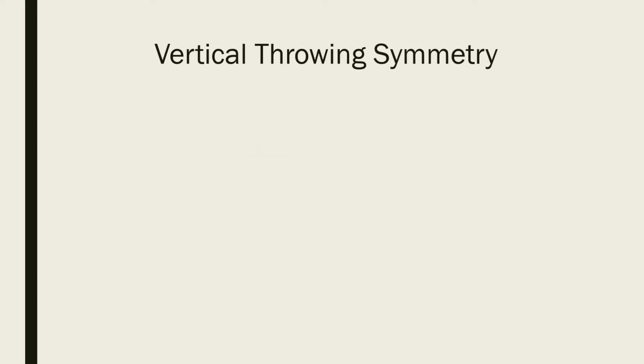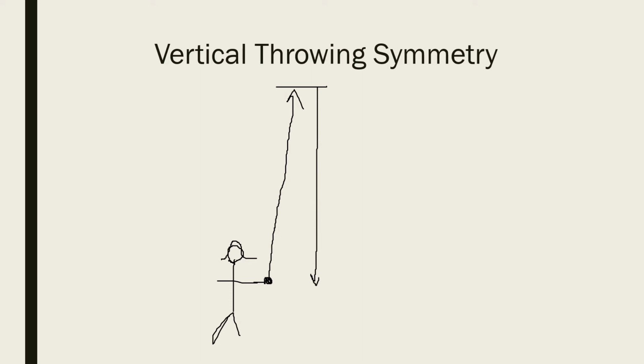So let's look at that in another way. All right, let's look at that like this. And I'm going to make a drawing kind of similar to one that you saw in the physics classroom. Okay? Try to space it out a little bit.